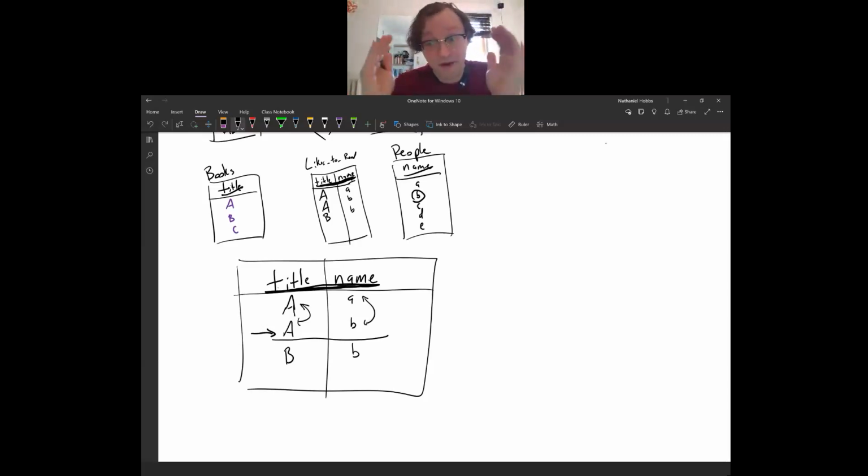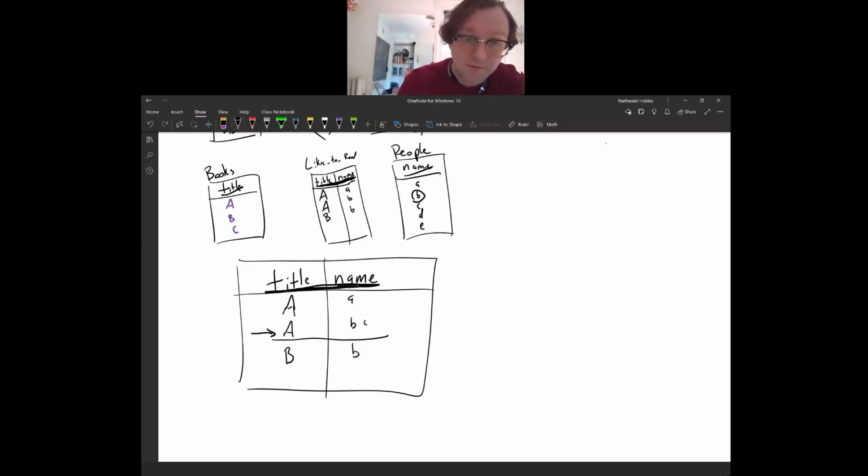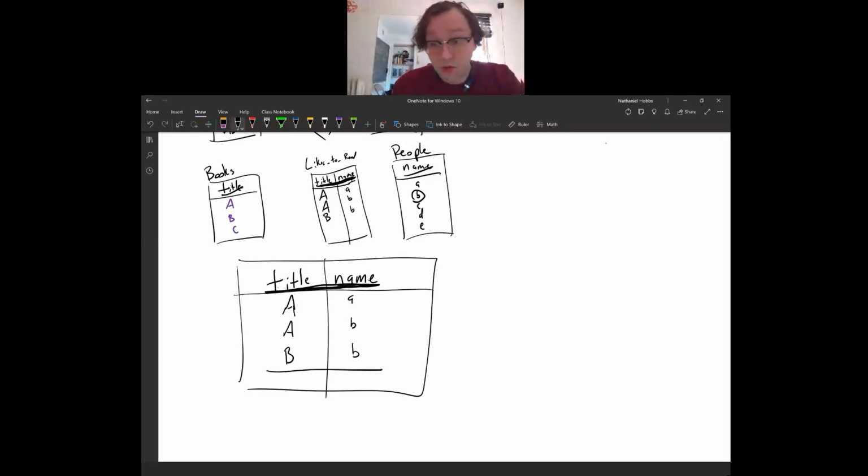So as a pair, these are different things. Similarly, this entry is no problem. It's okay to be there because although these conflict in this column, this person likes to read more than one book, the books are different. Okay, so that's this sort of compound or composite key.